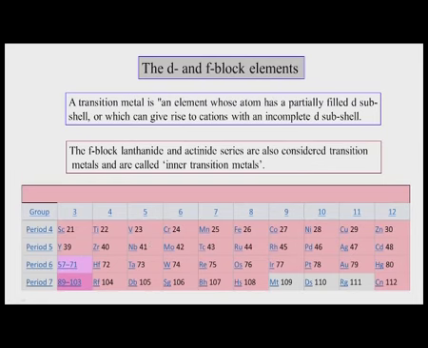We club all these elements together, the 3D block or D block elements from scandium to copper, and we look at how their properties change as we move from scandium to titanium to vanadium to nickel to copper. Similarly, as we move from period 4 to period 5 to period 6, we change from 3D to 4D to 5D elements.